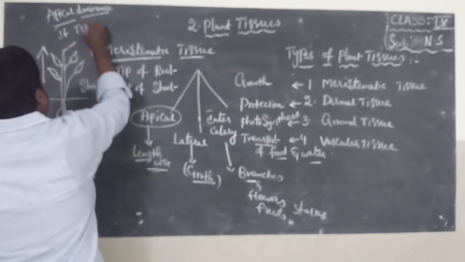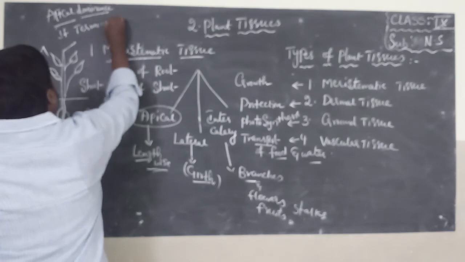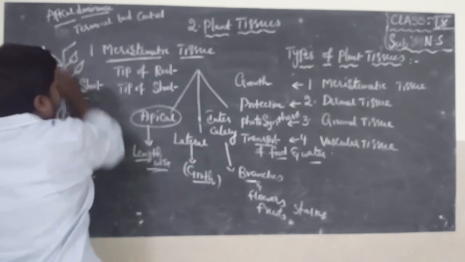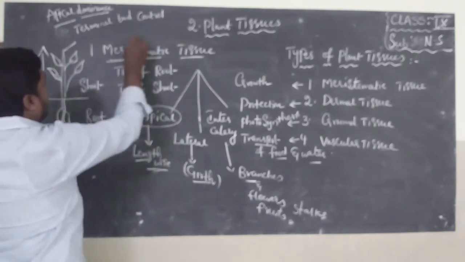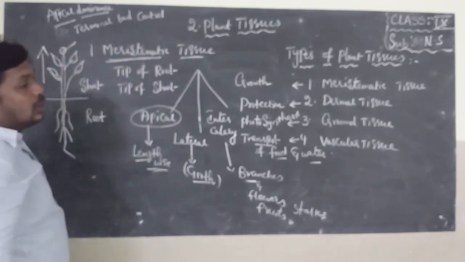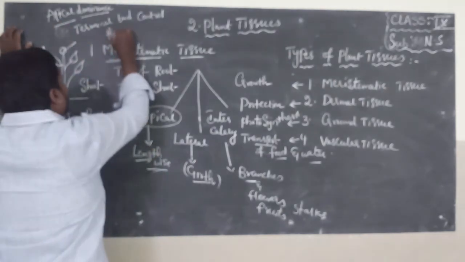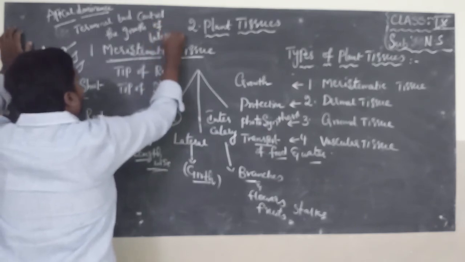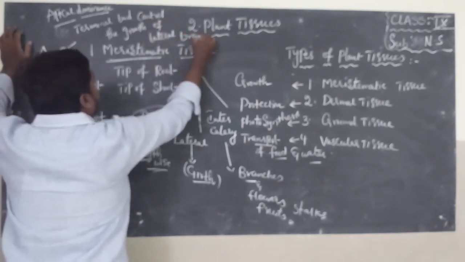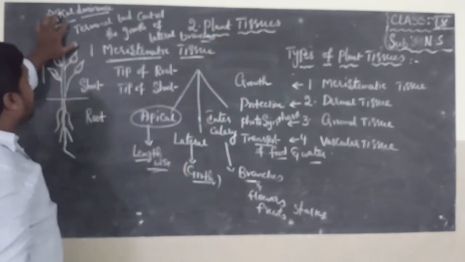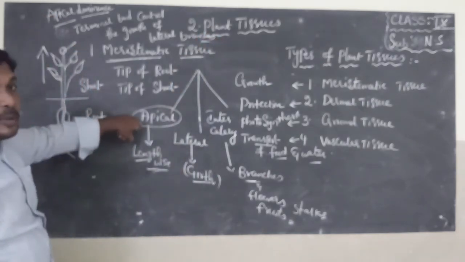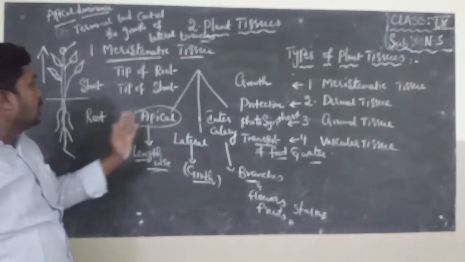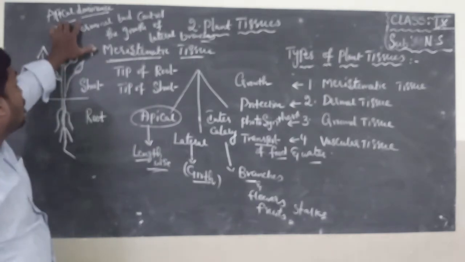If the terminal bud, the bud on the tip, which here means apical meristematic tissue, controls the growth of lateral branches, it is called apical dominance. If apical meristematic tissue is not removed, we cannot find side branches. That is called apical dominance.